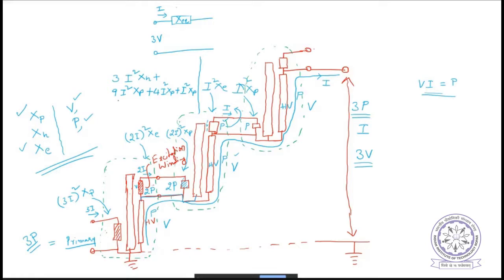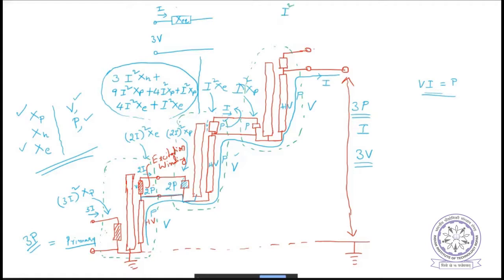And due to excitation windings, 4I square XE plus I square XE. The total reactive power in the system, so what is it becoming?